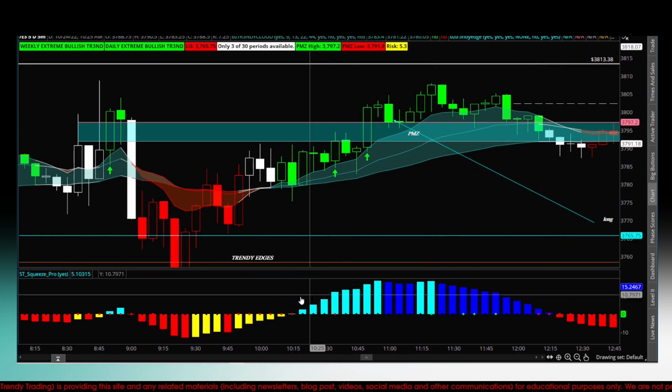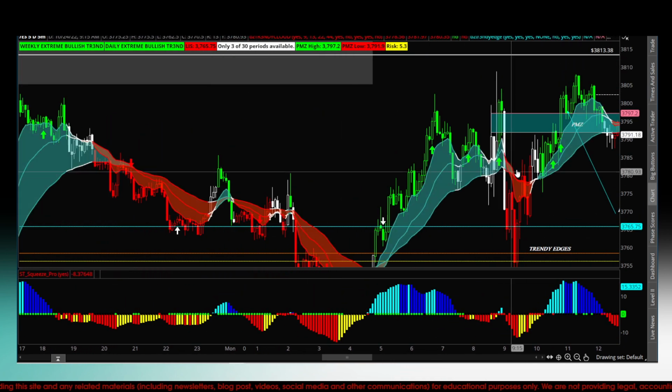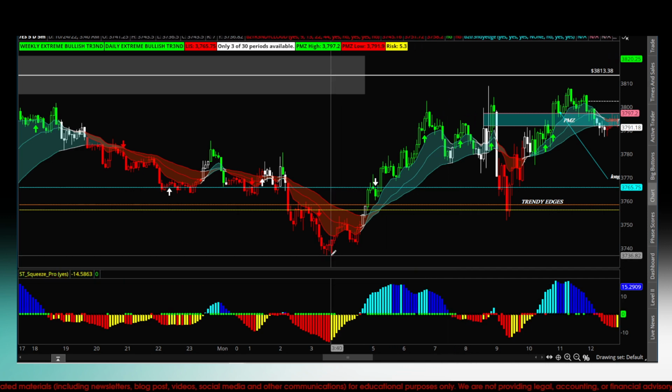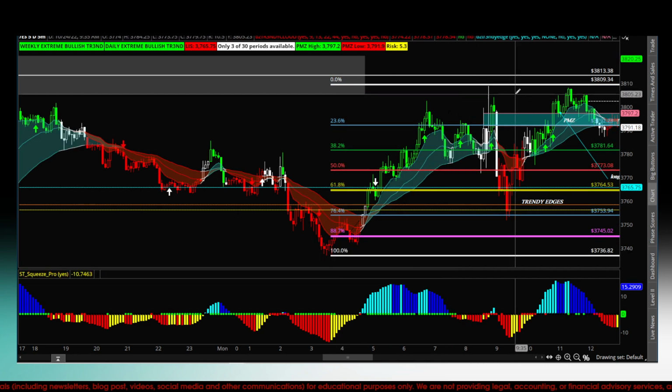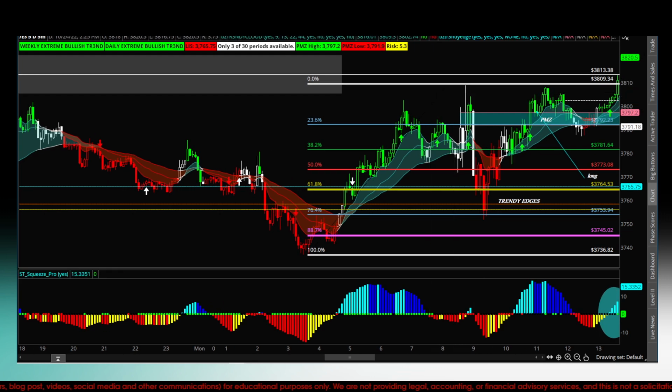Me personally, I don't like to do these unless what? If the PMZ is 23 to 38% of the pivot high. And look at it. It's above the 23.6. Everybody understand that? Anybody need me to show them that once again? Okay.